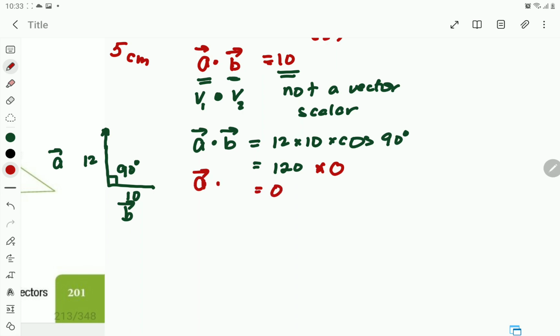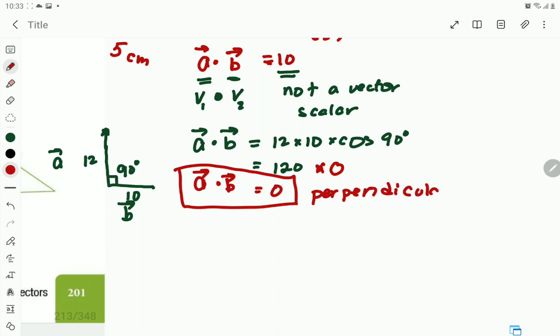So this one is something that you need to remember, guys. If the dot product is equal to 0, it means the two lines are perpendicular with each other. Perpendicular, or what do we call orthogonal vectors.